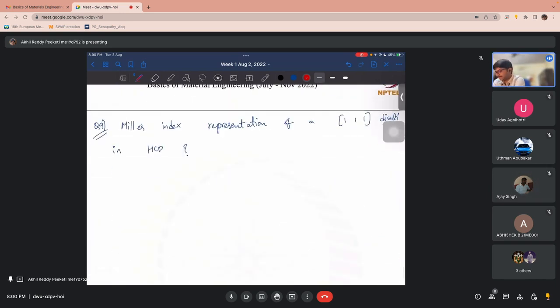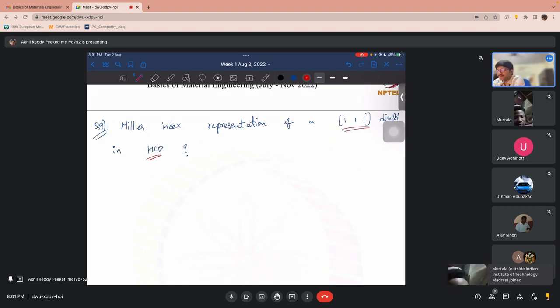So the next question: we have a Miller index representation converted to HCP based representation. So in HCP, because we have C, 3 index notation is not that useful. So we need to use 4 indices.